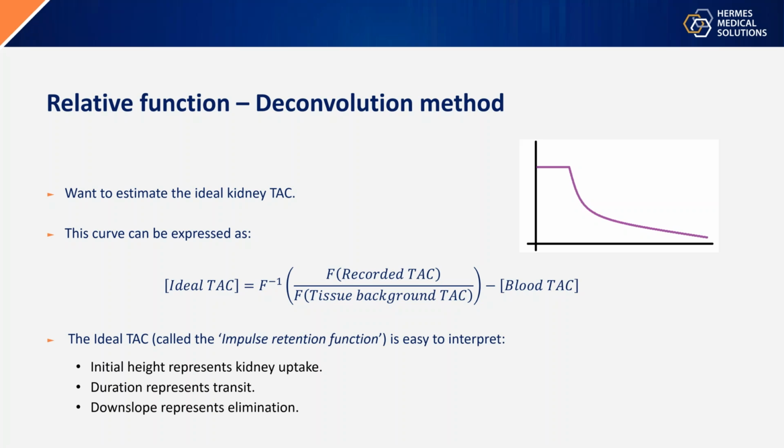However, if we could solve this well, it is very easy to use. The initial height of the plateau is the kidney uptake, since it takes everything from the blood according to the model. The duration, i.e. the length of the x-axis, is the transit time, and the downslope is elimination. So it's easy to read once you have it, but rather difficult to obtain.